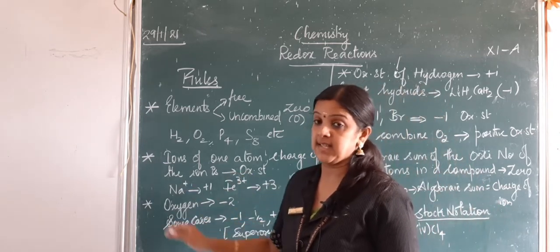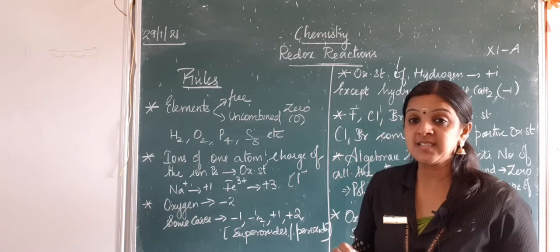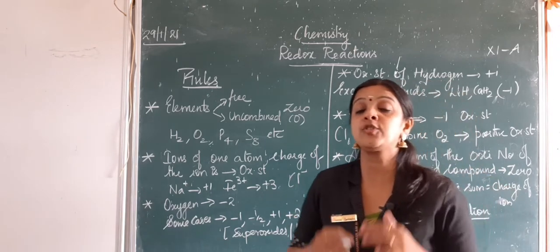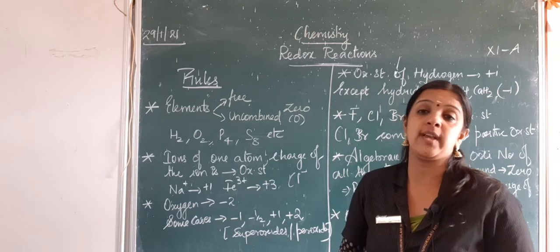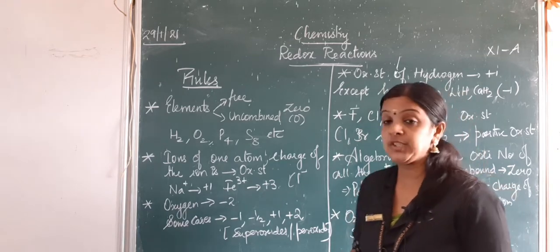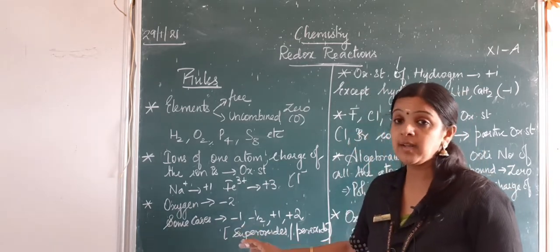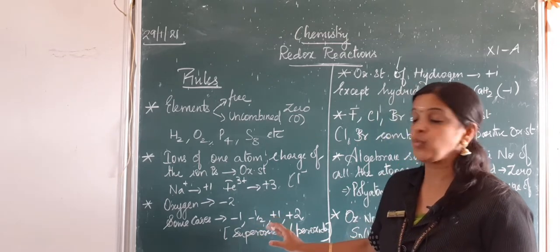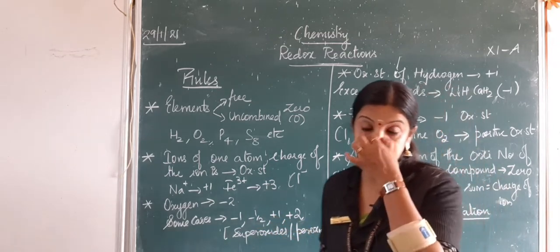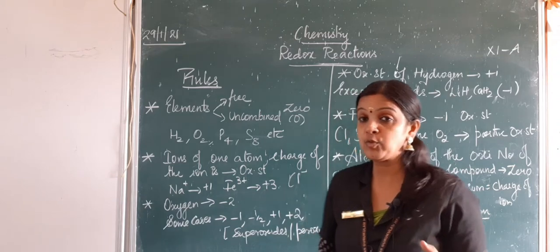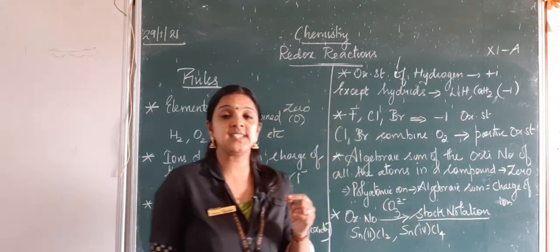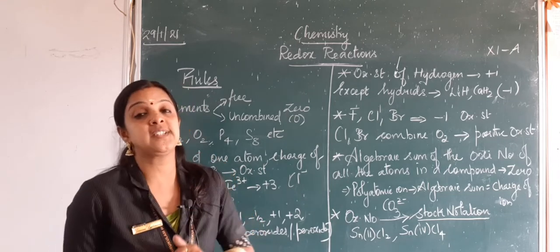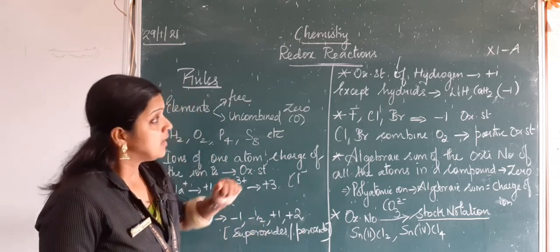Oxygen is an atom which has a -2 oxidation state in almost all its compounds. There are very few exceptions where oxygen shows -1, -1/2, +1 and +2 oxidation states. Those are fluorides, superoxides or peroxides, where oxygen shows a positive oxidation state also.